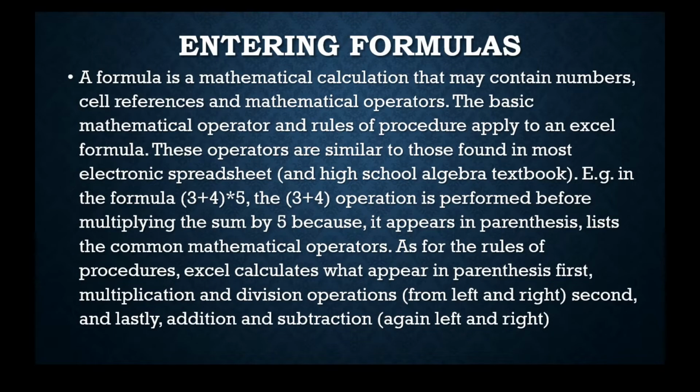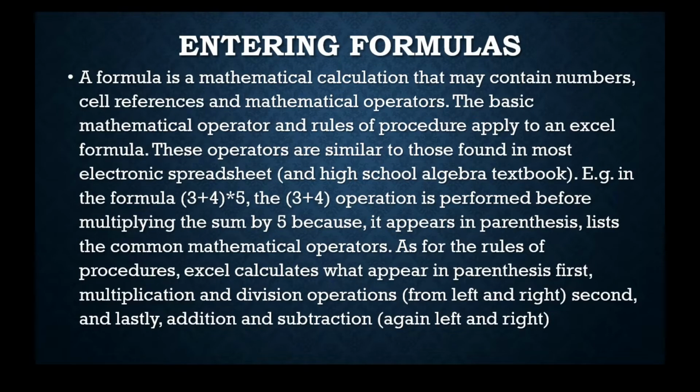As for the rules of procedure, Excel calculates what appears in parentheses first. Multiplication and division operations come from left to right secondly, and lastly addition and subtraction, again left to right.